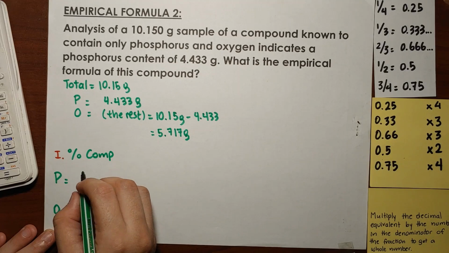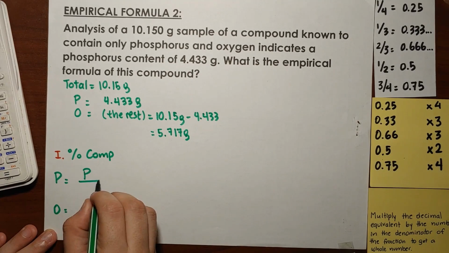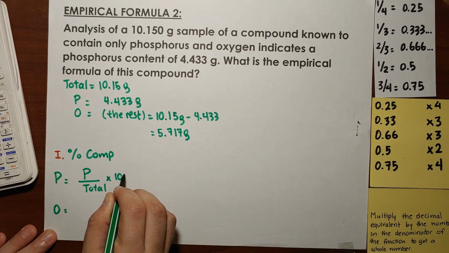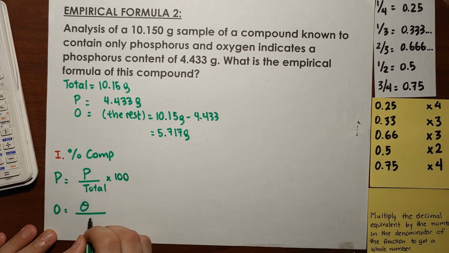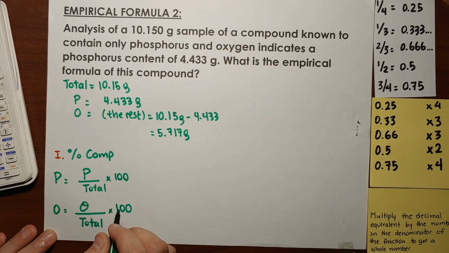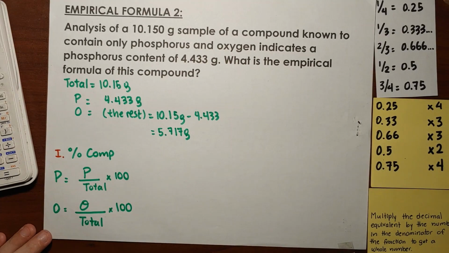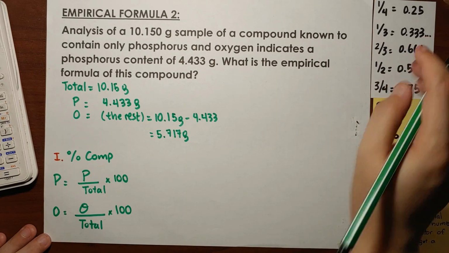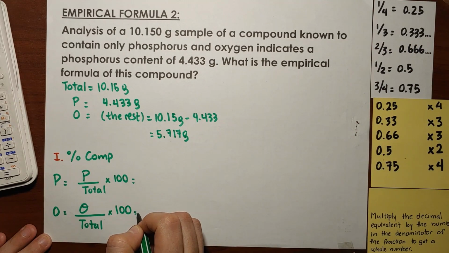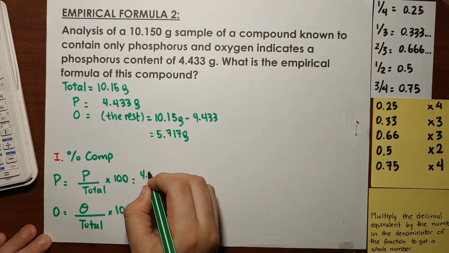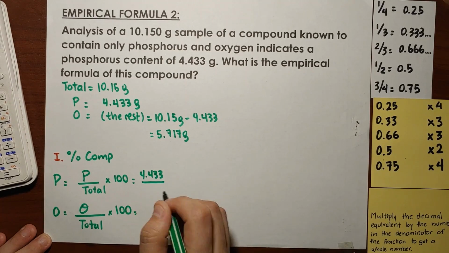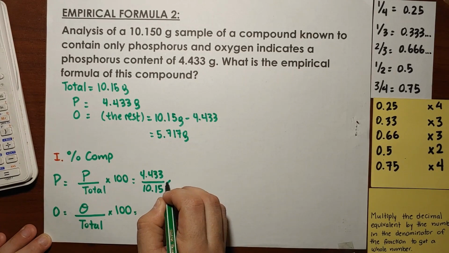So it's going to be phosphorus mass divided by the total times 100, and oxygen divided by the total multiplied times 100. This is a normal percentage formula. So this is going to be 4.433 divided by 10.15 times 100.